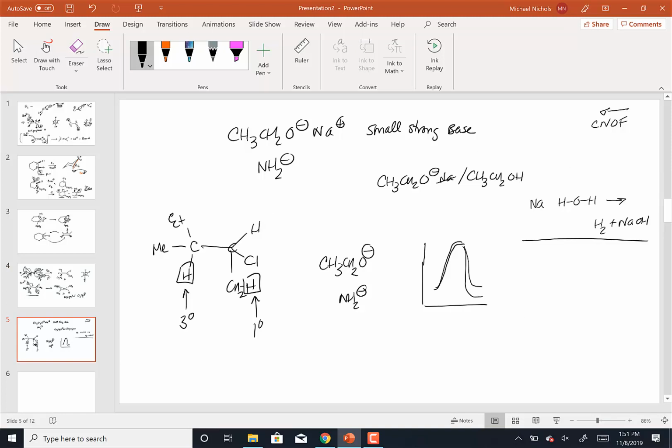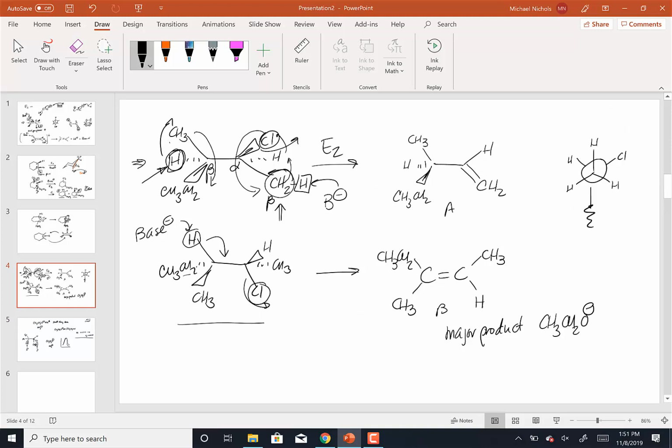So there's always this yin and yang of organic chemistry. The reason organic chemistry is useful is because I can do this, I can do that. And this is the first time where I can say, you know what, I want to make product A. I have a reagent to make it.